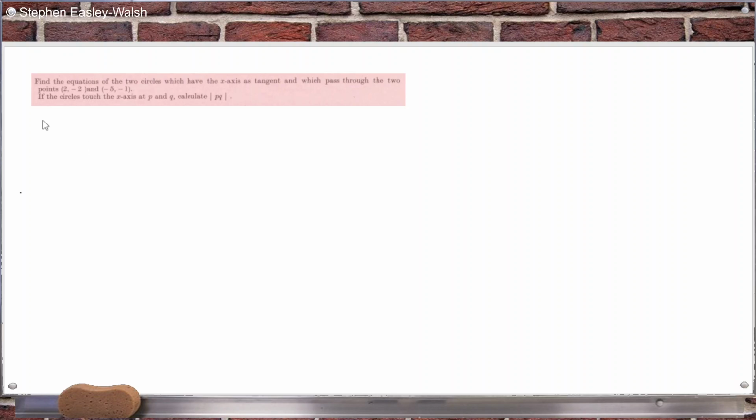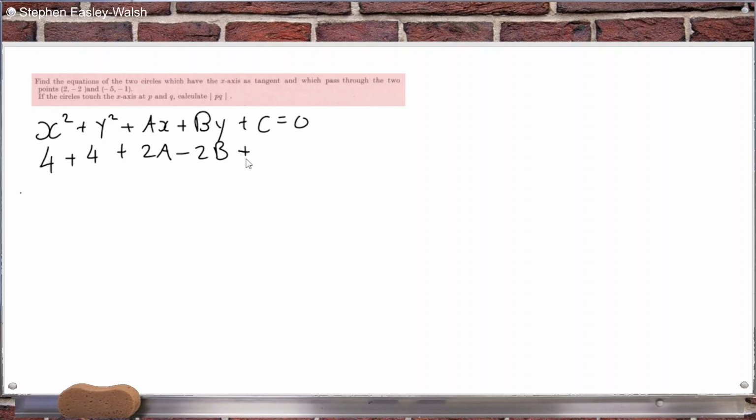equation of the circle would be x squared plus y squared plus ax, or 2f, or whatever constant you want to use, it doesn't matter, plus by plus c equals 0. Sub in the point 2, minus 2, so that would be 4 plus 4 plus 2a minus 2b plus c equals 0.